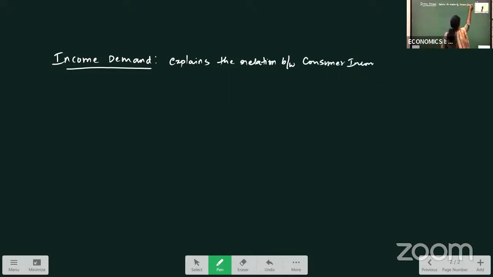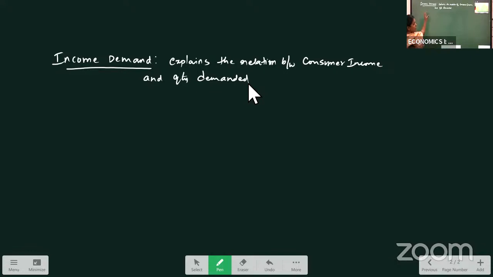Income demand explains the relation between consumer income and quantity demanded.